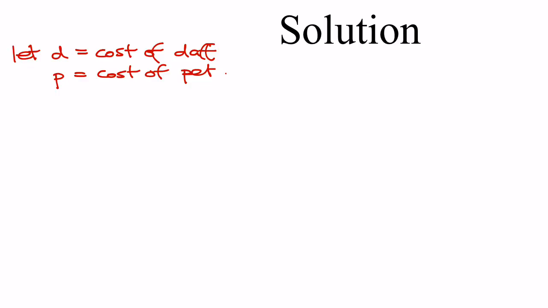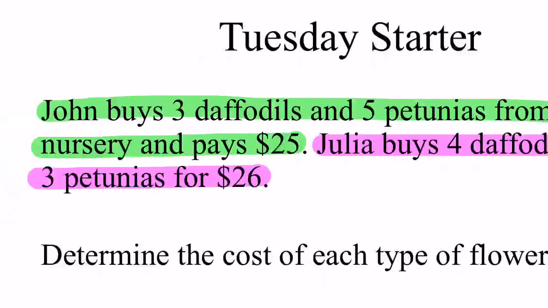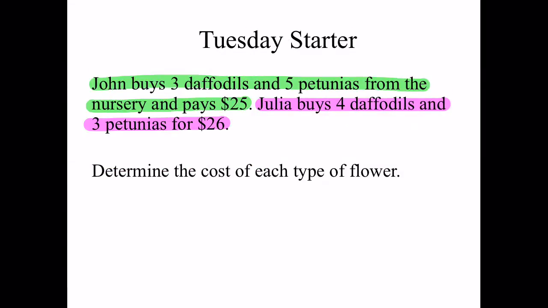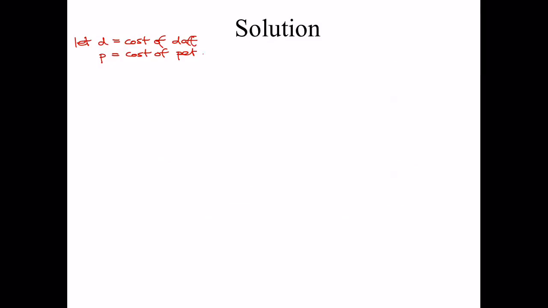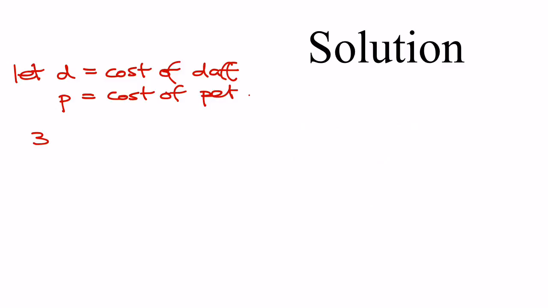So our information in our problem is that 3 daffodils plus 5 petunias cost $25.